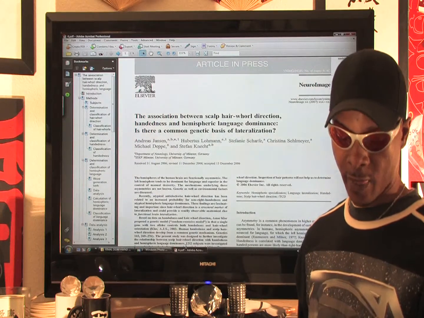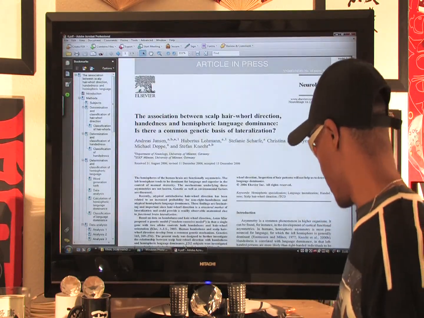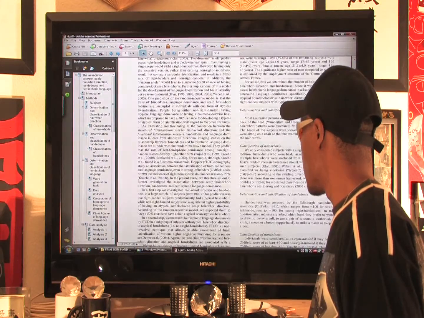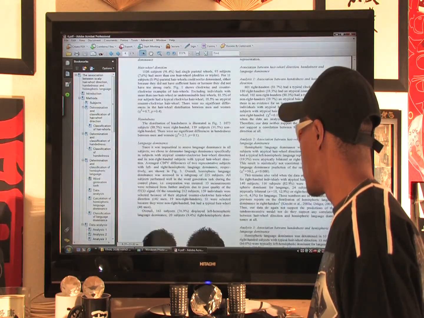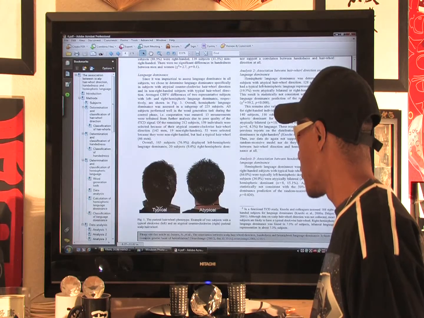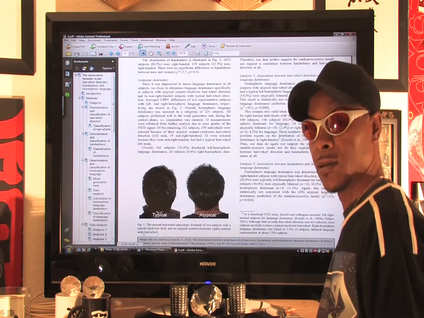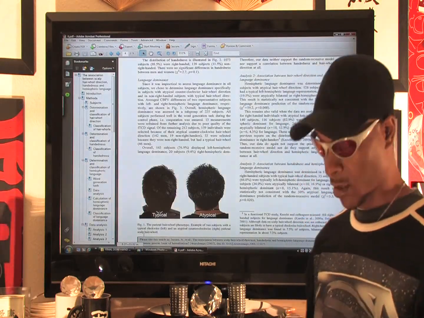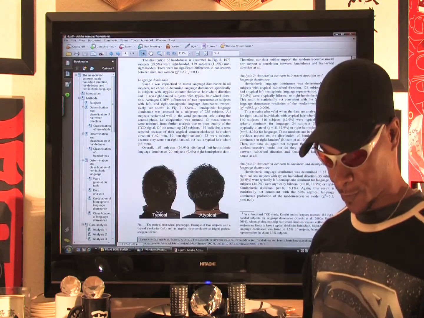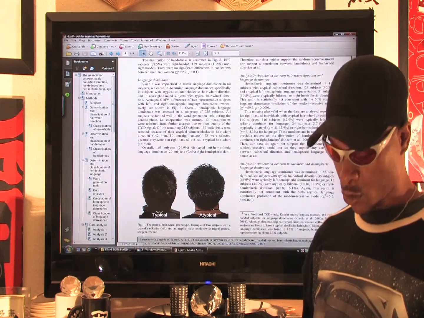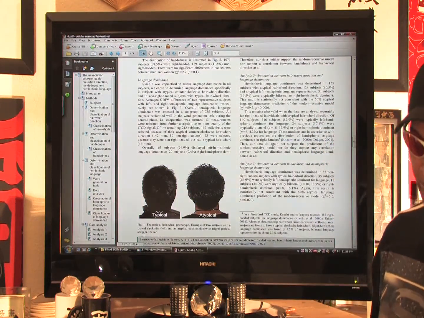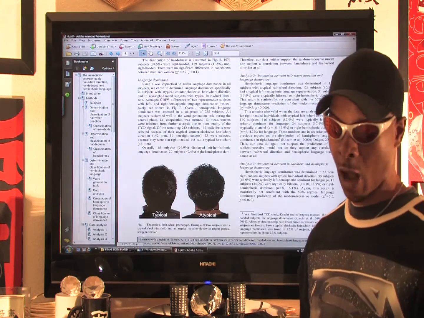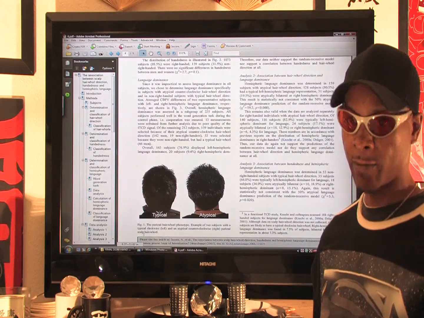Now, as we see here in this paper, if I scroll down, here's an example. I don't know if you can see it too well on the screen, but they have two hair spirals as diagrams in their paper. The two types of hair spirals shown here are typical and atypical, which is commonly known as counterclockwise and clockwise.